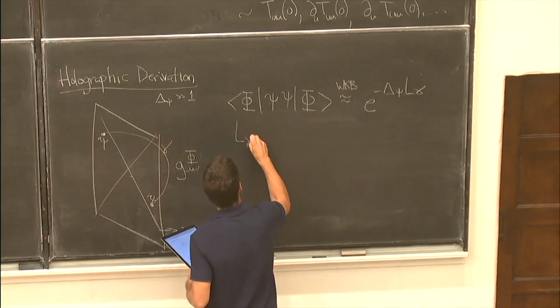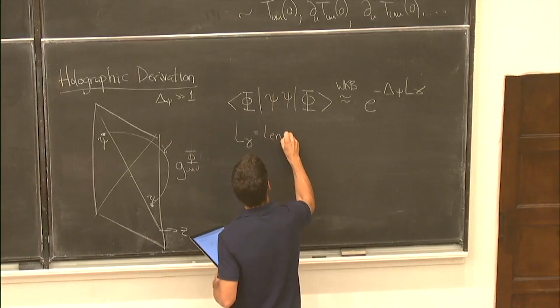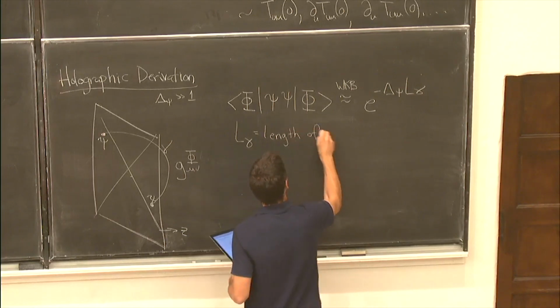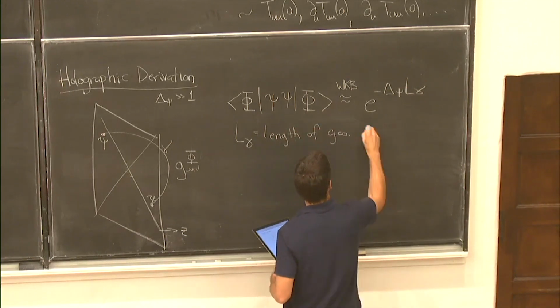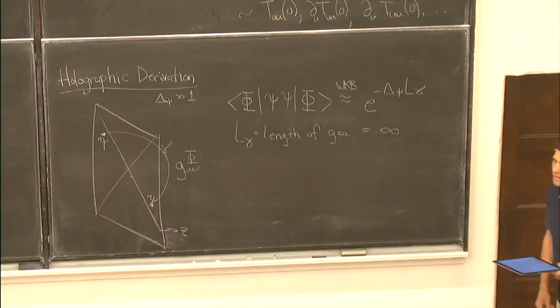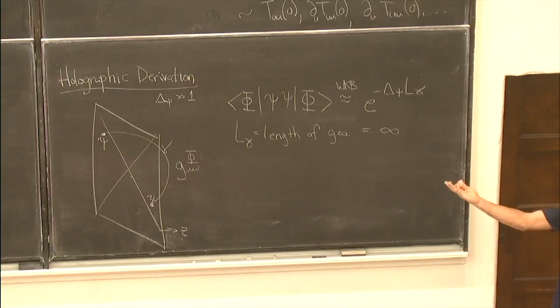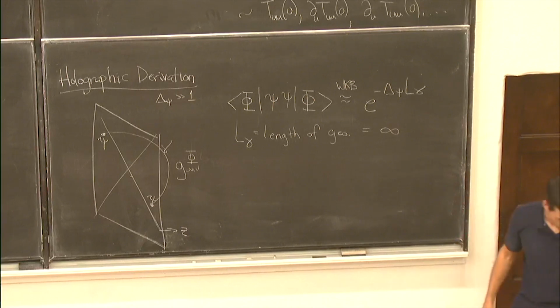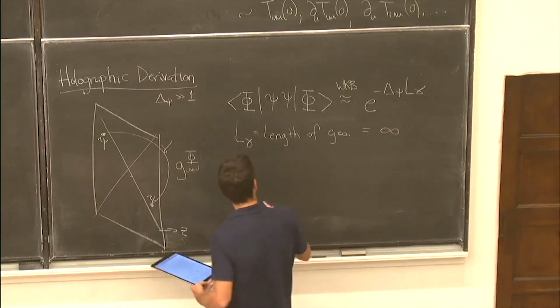So L gamma is the length of that geodesic, which is equal to infinity. It's a geodesic that's touching the boundary, so it's infinite. This is not a problem. This is just the fact that there's an infinite renormalization of the operators in comparing bulk results to boundary results. This is something familiar.